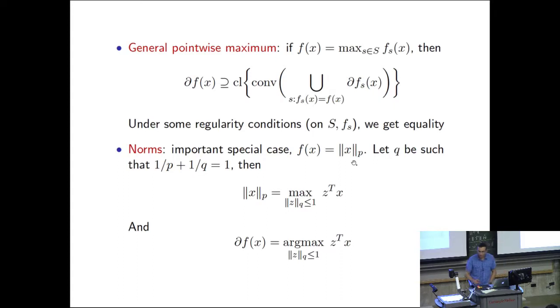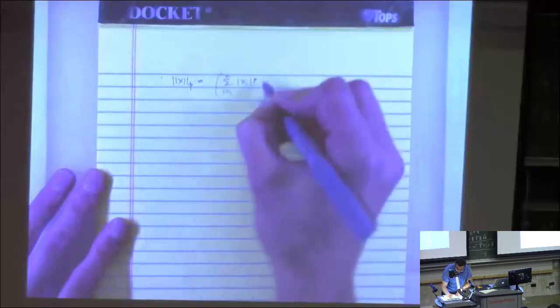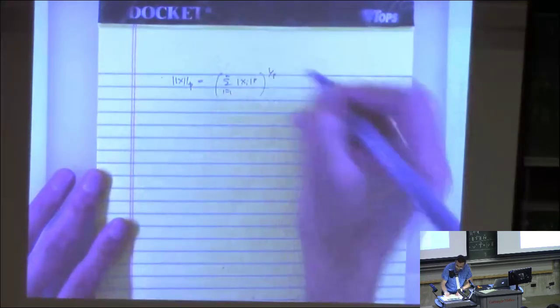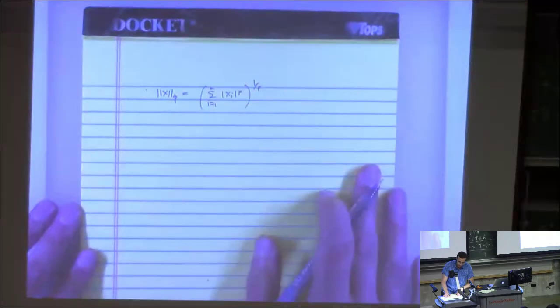And there's something that we call the dual representation of an LP norm that we'll treat a little more formally later in the course. But remember, the LP norm is defined like this. I just take the pth power of the absolute values of each of the xi's, and I raise the sum to the 1 over pth power.